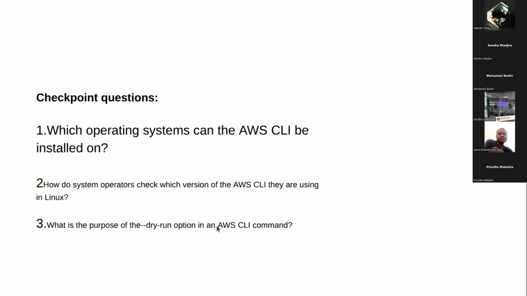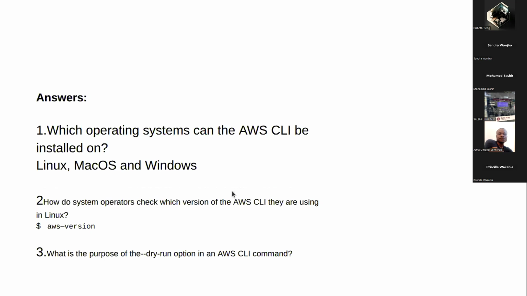We have guys saying used for testing. Tony says simply verify permissions before executing actions. Yes. We have Justin who is saying to check permissions. Okay, I think maybe we are going to check the answers to see.